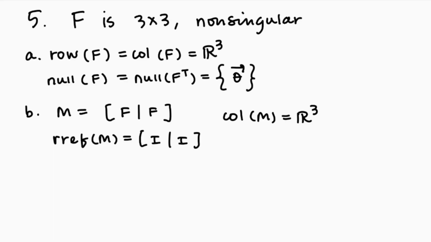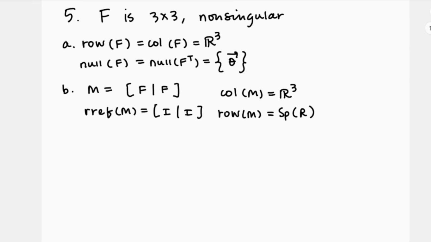Oh, yeah, that's going to be tough for me to write down. I'm going to write down that the row space of M is actually the span of... I'm going to write down a set R because I don't know where else I'm going to put this. All right, so R is going to be a set of vectors, and I might even write these as transposes.